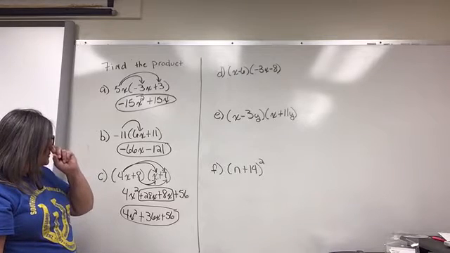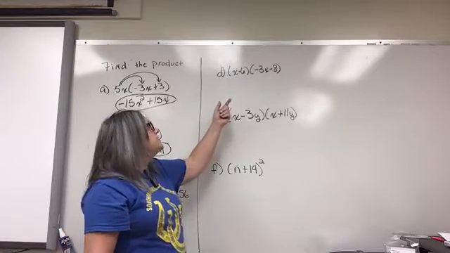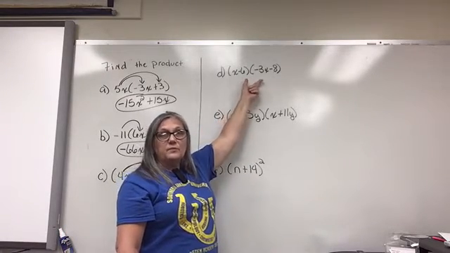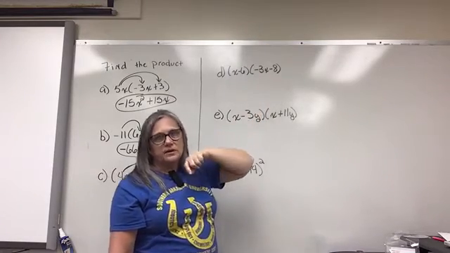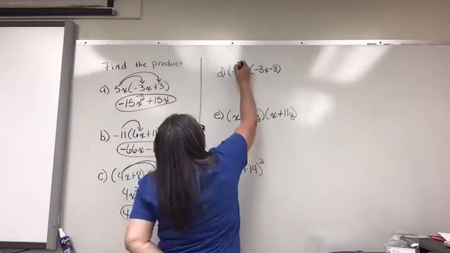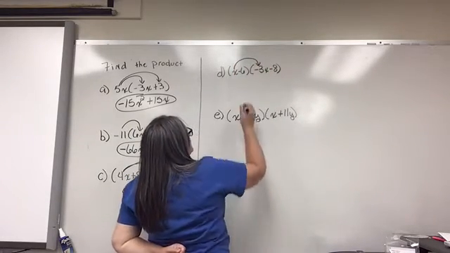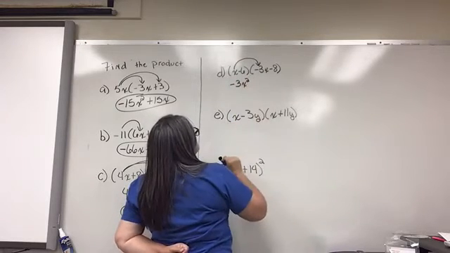Look up here at D. D's done the exact same way. Because I have two numbers here in this parenthesis that have to be multiplied by the two numbers in this parenthesis, I do it as a two-step process. So I'm going to take the first x and multiply it times negative 3x, and that's going to be negative 3x squared.